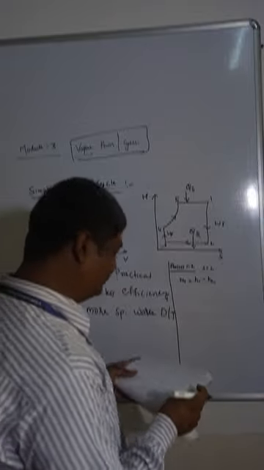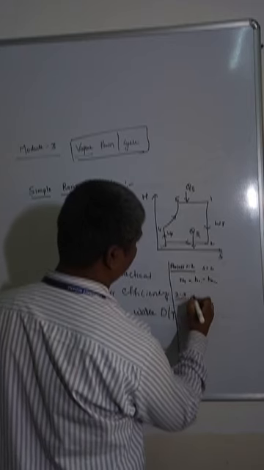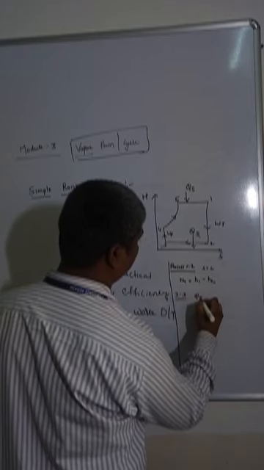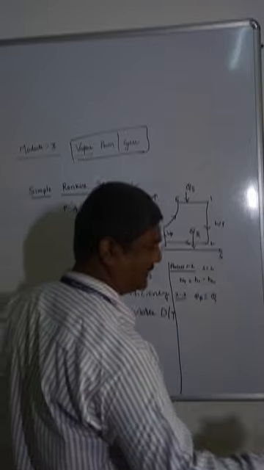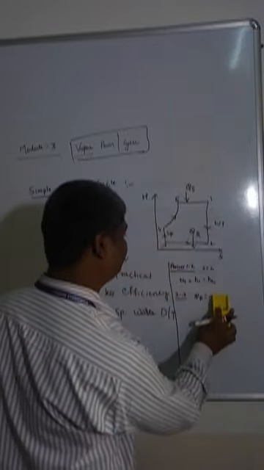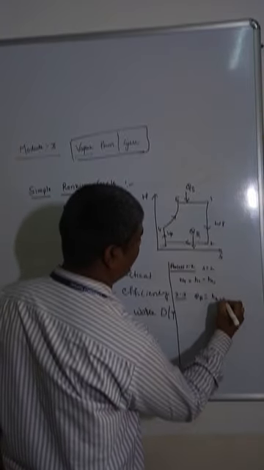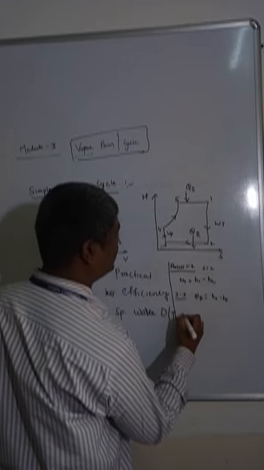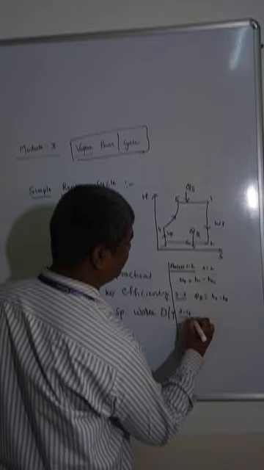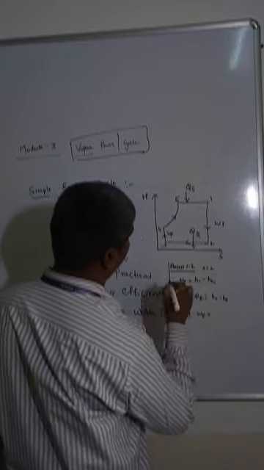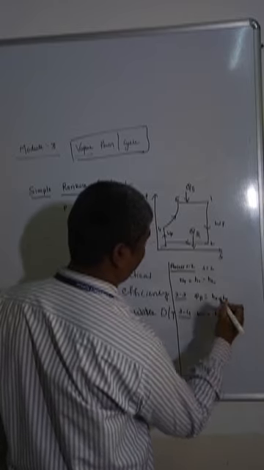Second process 2 to 3, heat rejected because it is the condenser. So Qr is equal to heat rejected, that is H2 minus H3. Already we know this. Next, pump work 3 to 4, that is Wp. Wp is pump work, that is H4 minus H3.